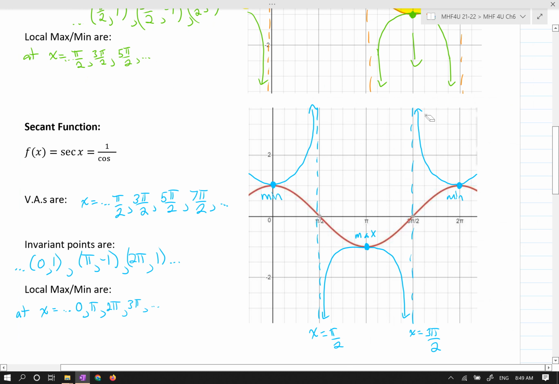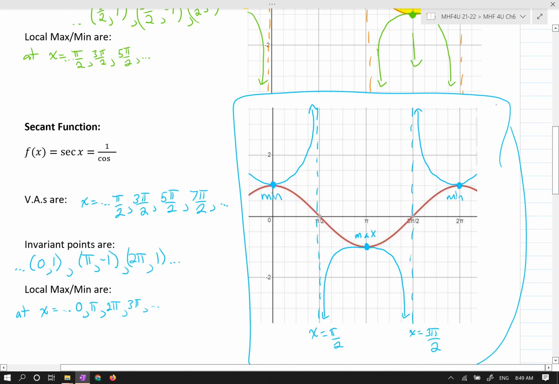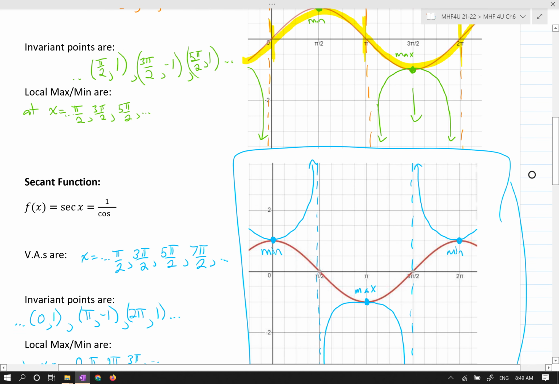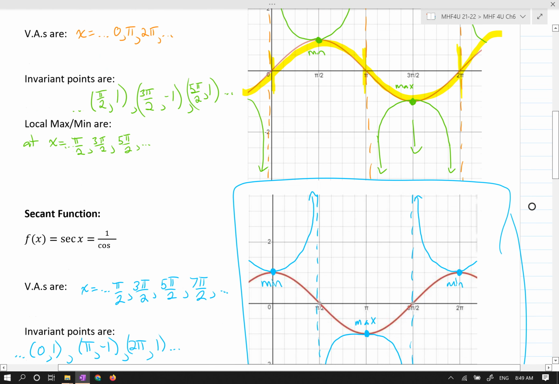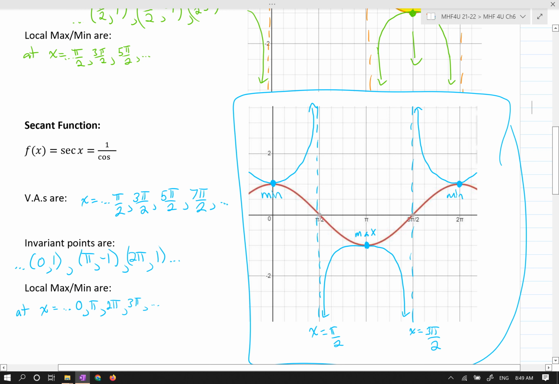Good, so we should be able to see the same general shape popping up right here, just translated over pi over 2 units to the left or to the right. So if we're working right here, then I'm hoping we feel relatively comfortable with this general shape. I'm hoping we were able to follow the same logic. We were able to find our vertical asymptotes using the same logic.